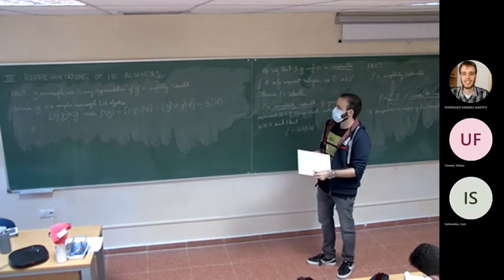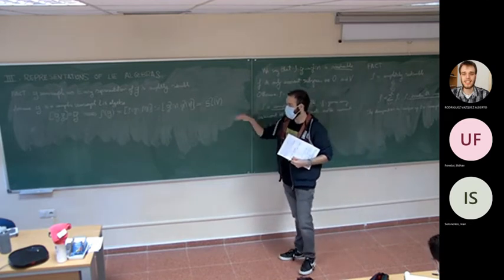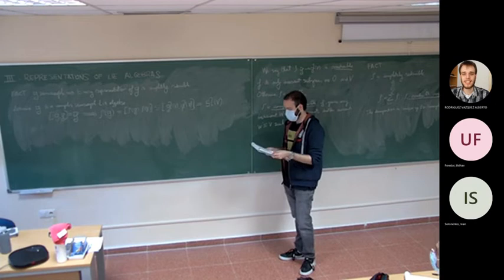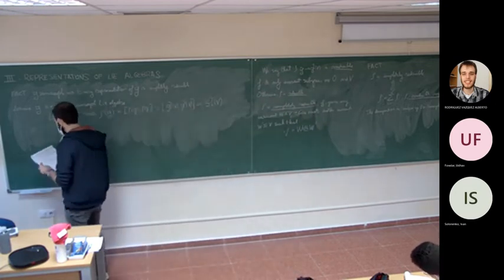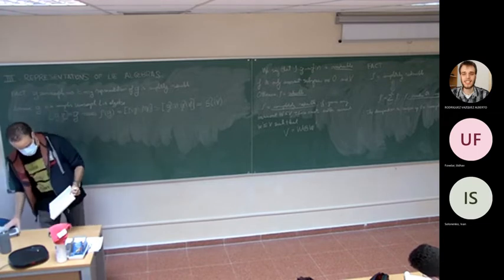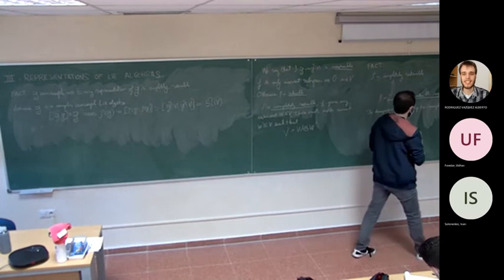So keep in mind that if we have a complex semisimple Lie algebra, all the endomorphisms associated to a representation must have trace 0 because of this observation. Okay, so I'm just going to state the weight space decomposition theorem.